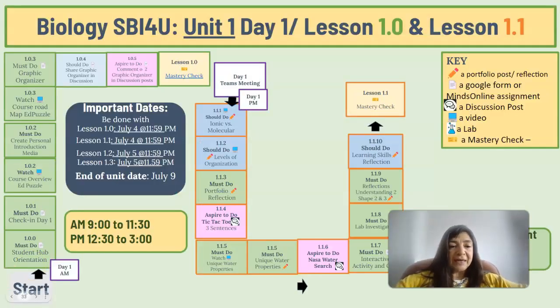So this is, at a glance, the different activities that you'll do today. This is the suggested time, the morning from 9 to 11:30 and the afternoon from 12:30 to 3. As you can see, you'll start here. You have a list of all the different activities that you'll be working on. You'll start with 1.0.0, which is the Student Hub certification, and you attach it to the assignment on our homepage.